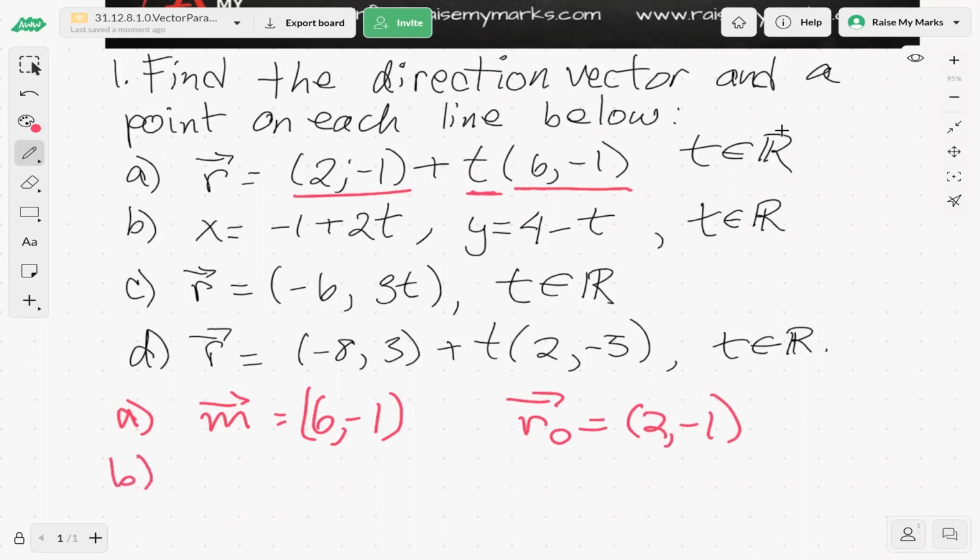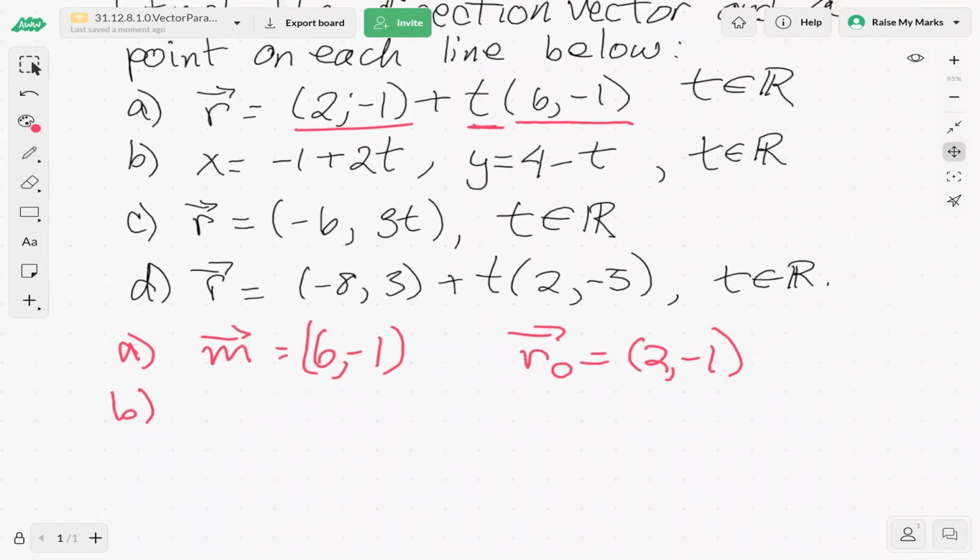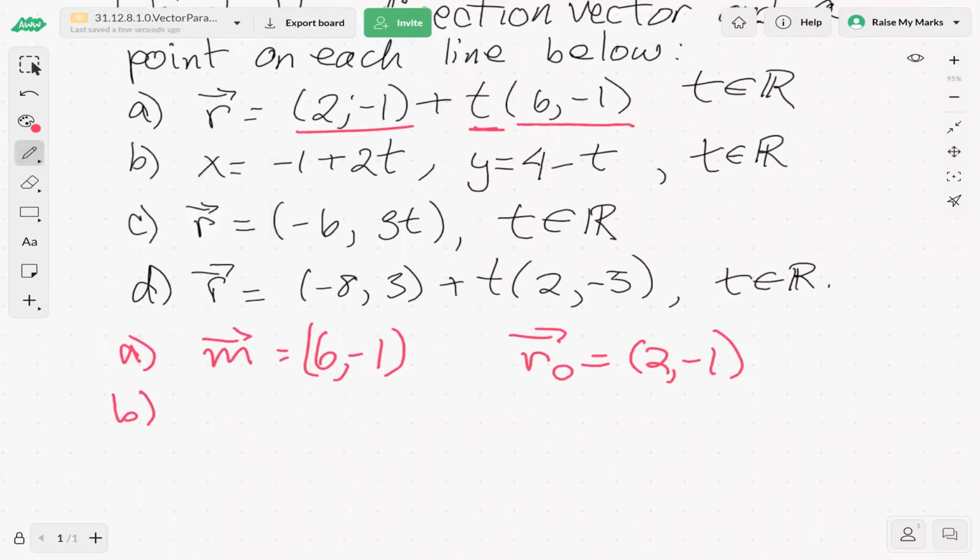So B. What is our direction vector? In this case, we have the parametric equation of a line, so we look at the coefficients of the parameter for each coordinate. For the x coordinate, the coefficient of our parameter is 2. That's the x coordinate of our direction vector. For the y coordinate, for any point on our line, the coefficient of the parameter is -1.